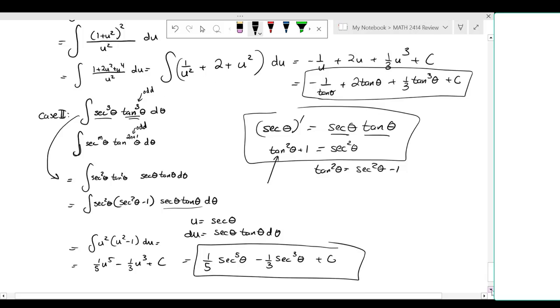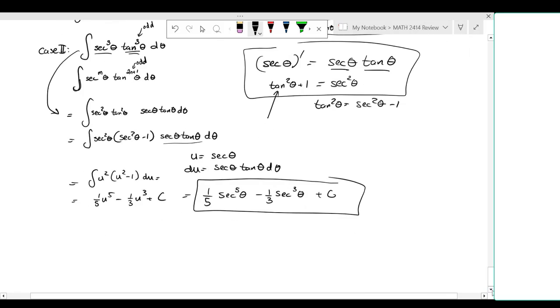Oh, by the way, I guess we should review two integrals that we need. What is the antiderivative of secant? Yeah, very good. So you probably want to know that one.